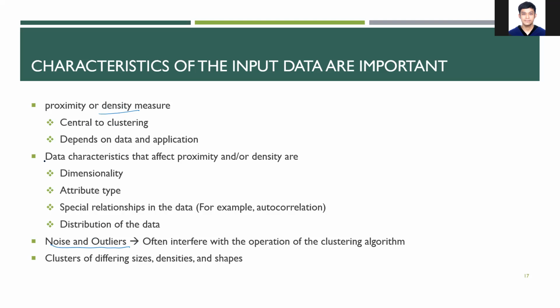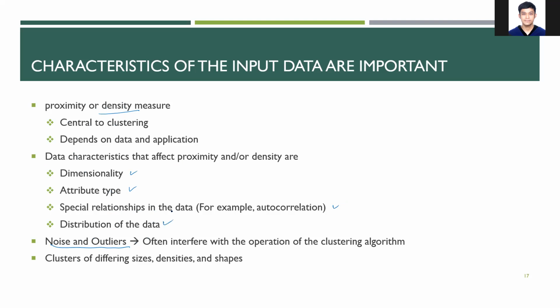So we have to see the density of the data, whether the data has outliers or not, for example. And of course, the data characteristics that affect proximity or density are usually the dimensionality of the data, the attribute type, and special relationships in the data, for example autocorrelation, and of course the distribution of the data.